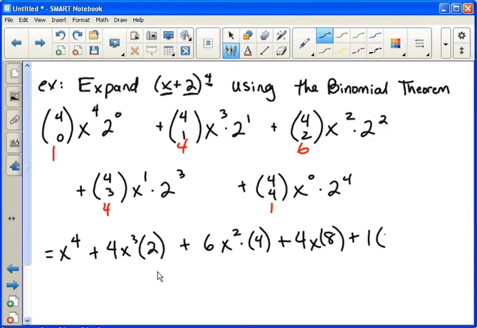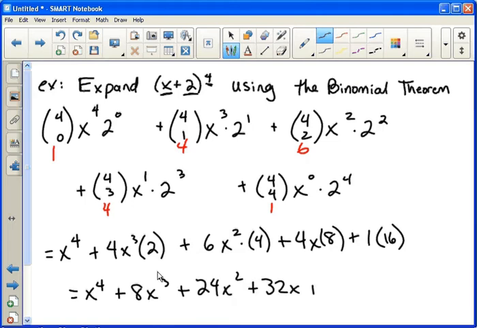So now I just simplify those coefficients and I'll have my final answer. x to the 4th plus 8x cubed plus 24x squared plus 32x plus 16. And that is how we use the binomial theorem.